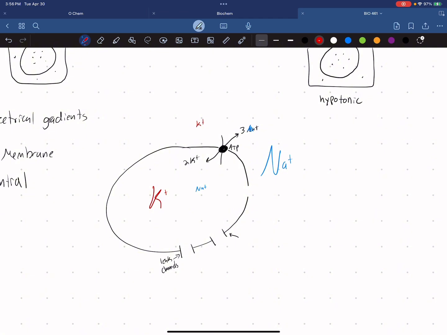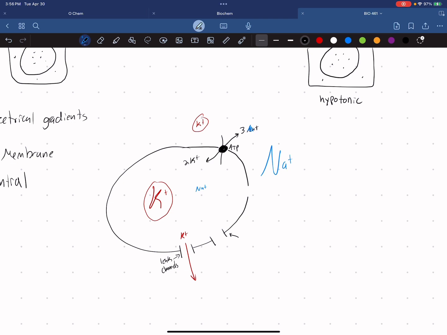And so because of these leak channels, we will have potassium wanting to go from its high concentration to low concentration. It will leave the cell this way.